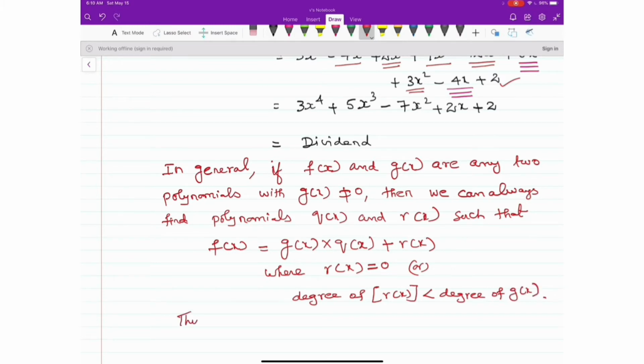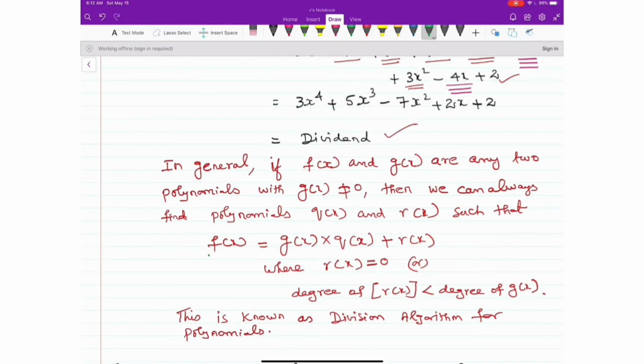This is known as division algorithm for polynomials. Here f of x is the dividend, g of x is the divisor, q of x is the quotient, and r of x is the remainder.